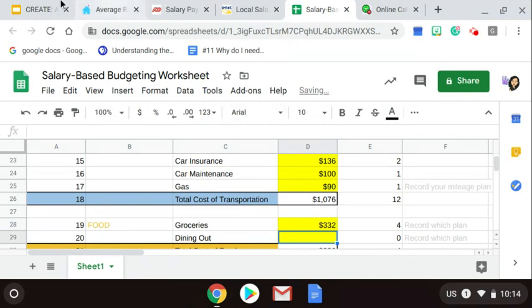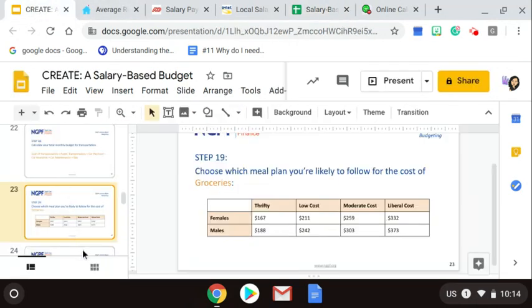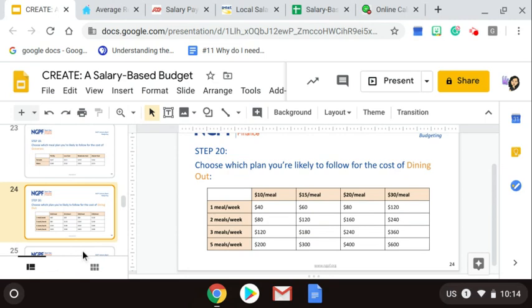Which gets to the next one. I think people who don't spend a lot on groceries are not spending a lot because they're eating out a lot. So I had a friend who was having financial problems, and I sat down and did the budget with her, exactly what we're doing right now. I asked, how much do you spend? Oh, I don't spend a lot. She worked a lot, and so did her husband, so they went out to dinner every night.